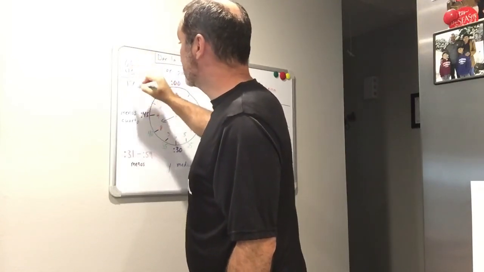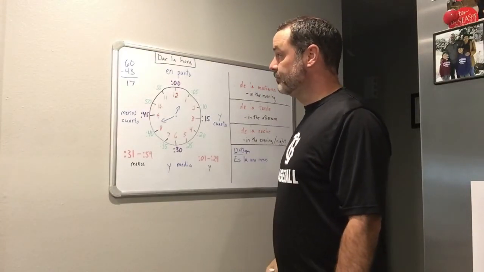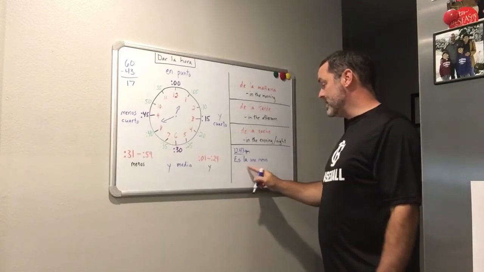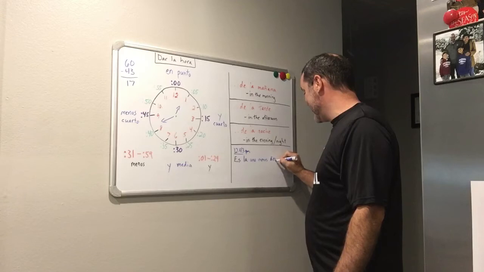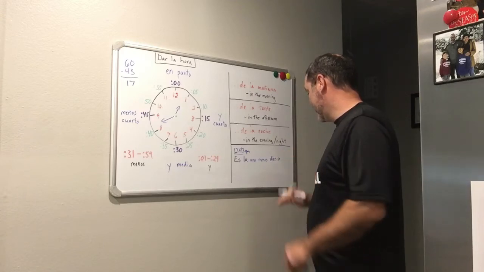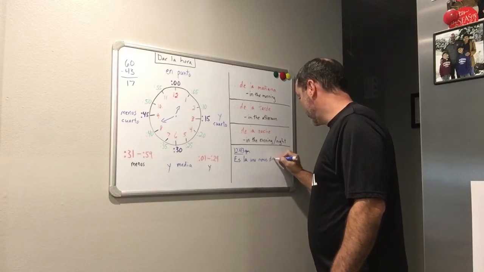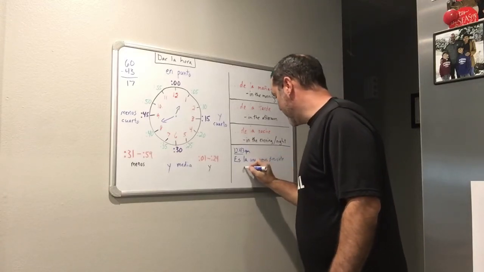And that is 17. Pretty easy. So I need to subtract 17 minutes from 1. Es la una menos 17 de la tarde.